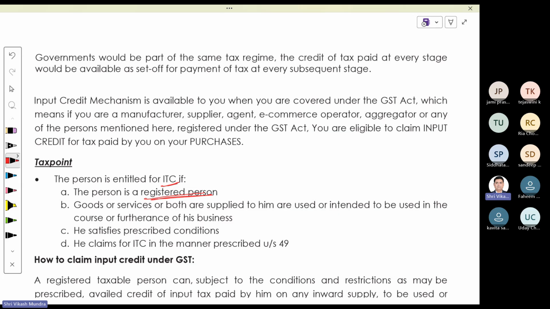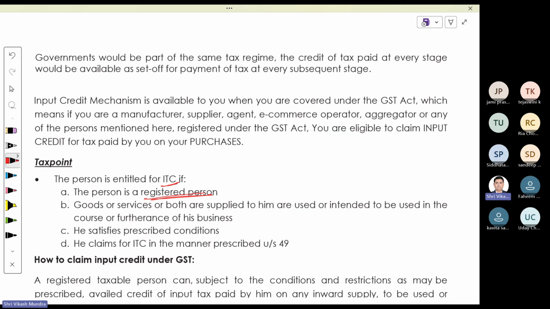If those goods or services are used for your personal purpose, then even though you are a registered person, you cannot claim ITC on it. Is it clear? These are the fundamental conditions you are supposed to follow.